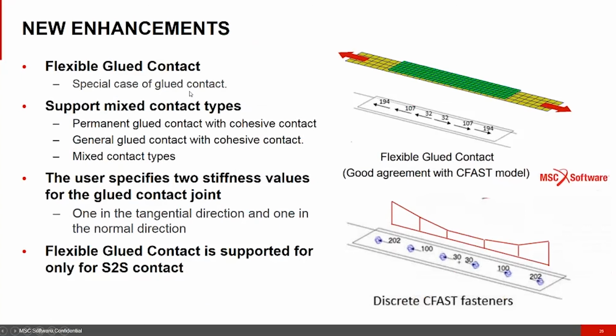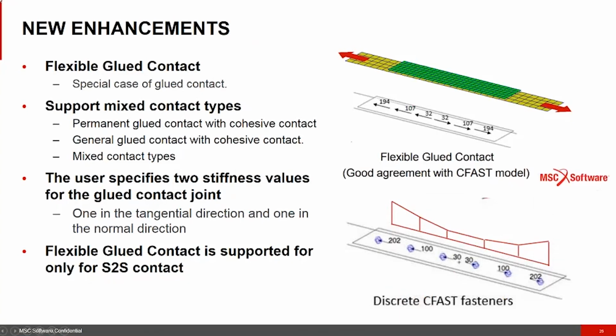Another option that I want to add for the new enhancements was the flexible glue contact that was introduced in 2017. In modern industries, the product structures like planes and automobiles all have more parts, as you all know, and we discussed how using glue contact can be advantageous.